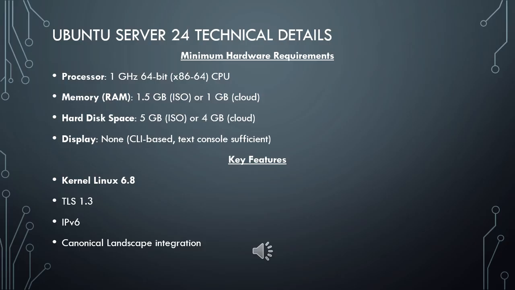It also supports TLS 1.3 for encrypted communication, full IPv6 capability, and Canonical Landscape integration for centralized management and updates. These minimal requirements make Linux server lightweight, flexible, and ideal for both cloud and on-premise deployment.